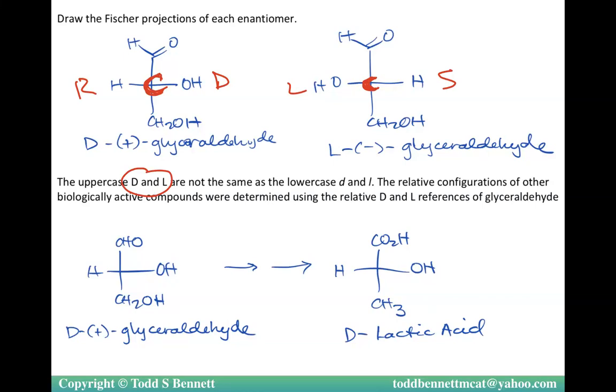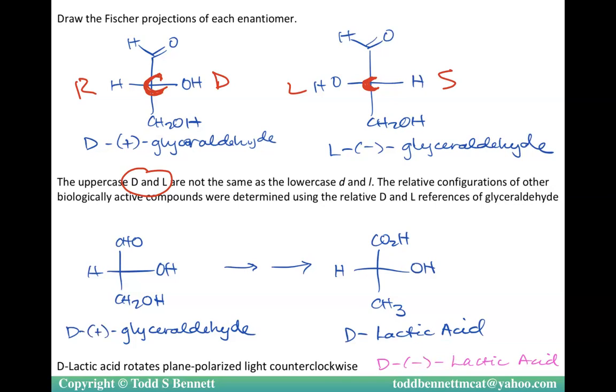Okay, so again, everything was measured relative to D and L. So because he decided this was D for the penultimate carbon and L for that penultimate carbon, that became the norm. So just like this is D glyceraldehyde, this would be D lactic acid. If you have a long chain like glucose, it'd be D glucose if the next to the last one is D. Okay, so as mentioned, glyceraldehyde rotated in the positive direction, but lactic acid actually rotated in minus.